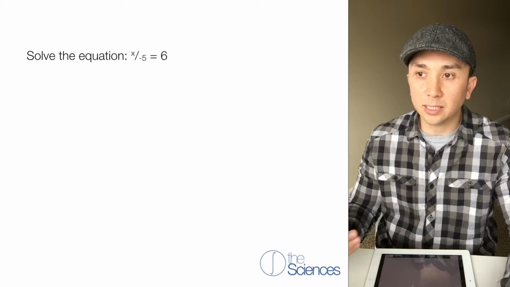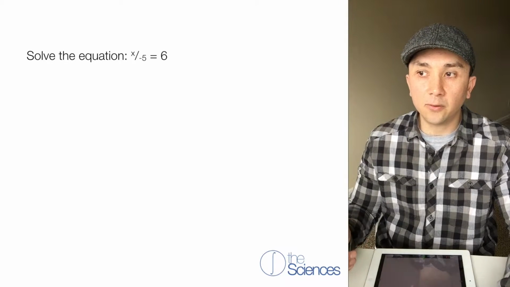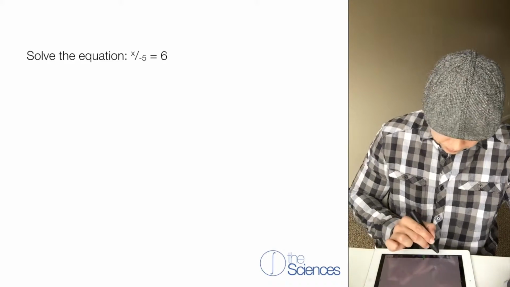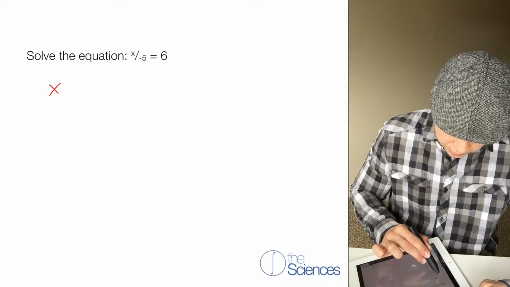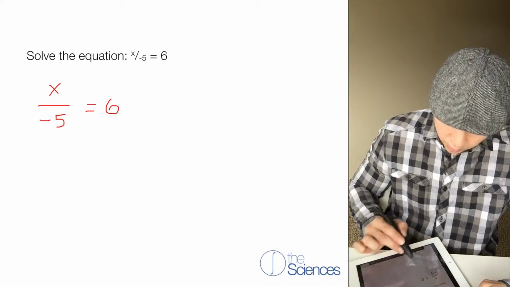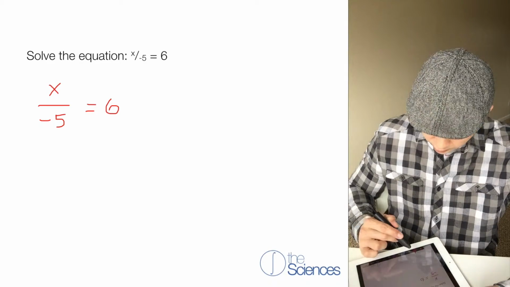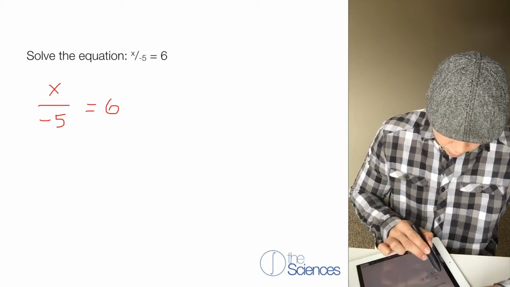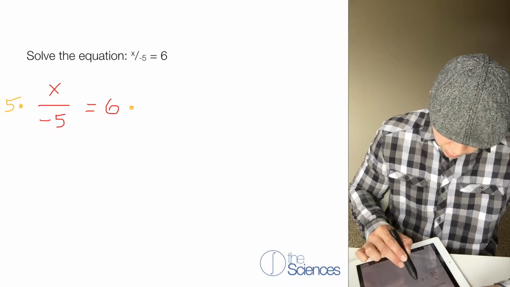So here, let's solve the equation x divided by negative 5 equals 6. We can multiply 5 to both sides of the equation. So here, we're going to multiply 5, and here we're going to multiply 5.